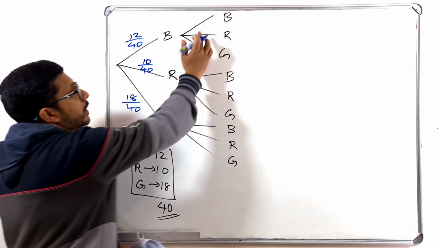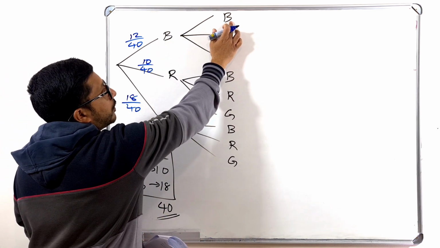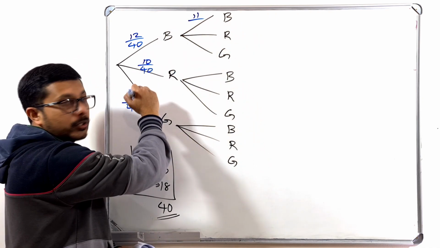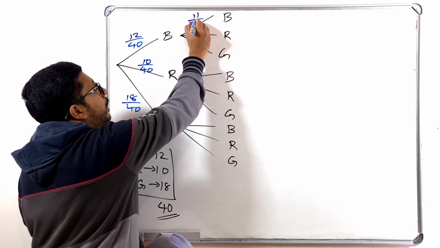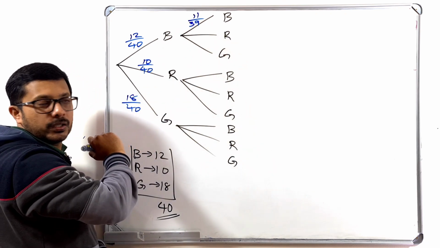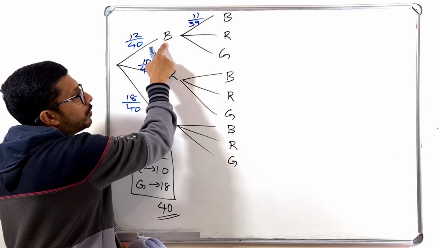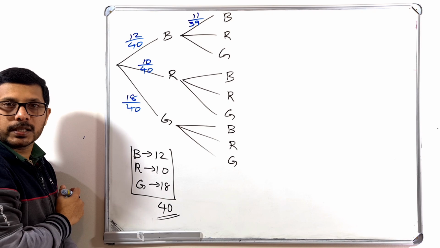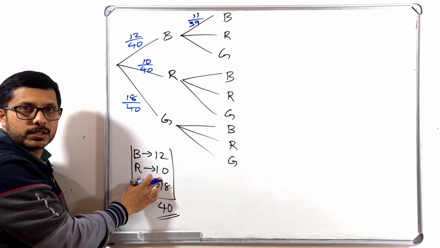So if the first ball is blue, then to get a blue ball again, only 11 balls remain, out of 39 in total. Since the first one was blue, all 10 red balls are still there.